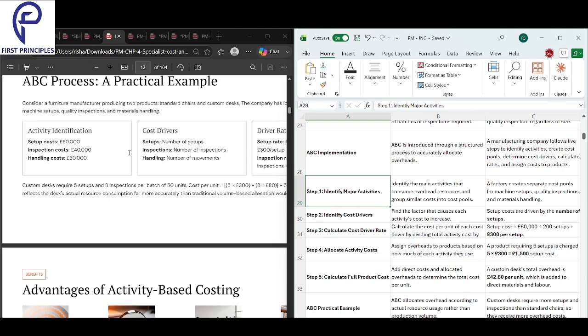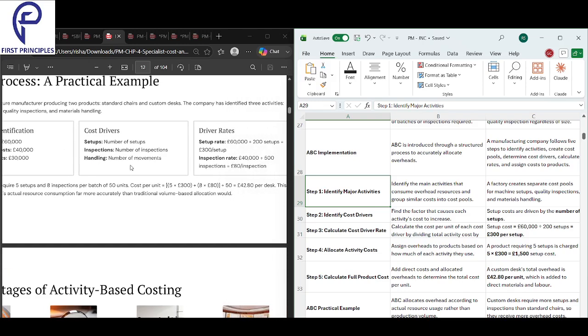Okay. So first we found out the major activities. Here in this case, setup, inspection, handling. Then you found the cost drivers, setup, inspection, handling. Then you allocated it between the two. When you had done the allocation, you calculated the cost driver rate.